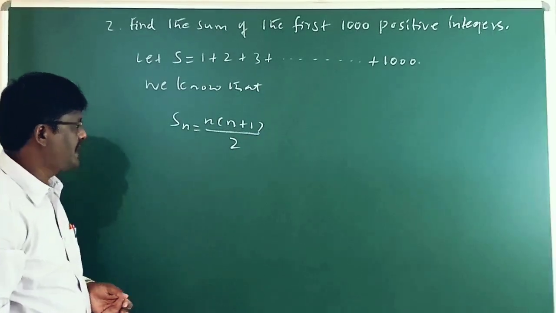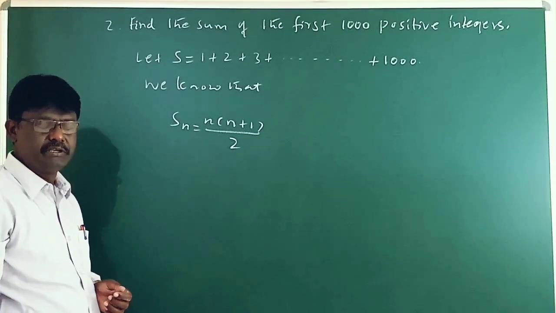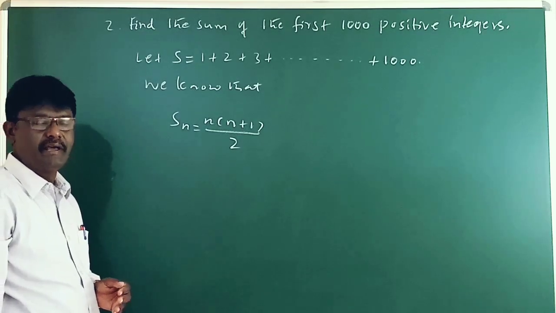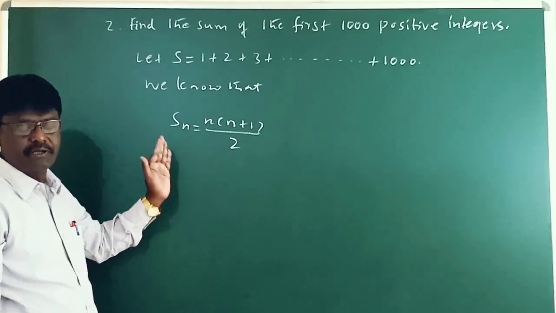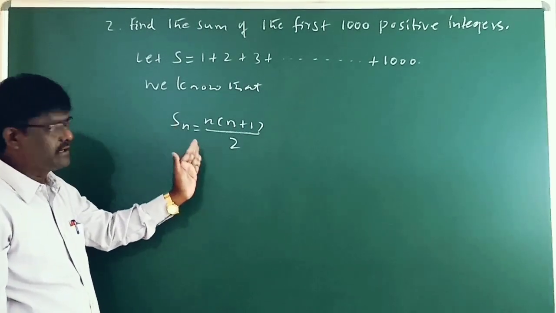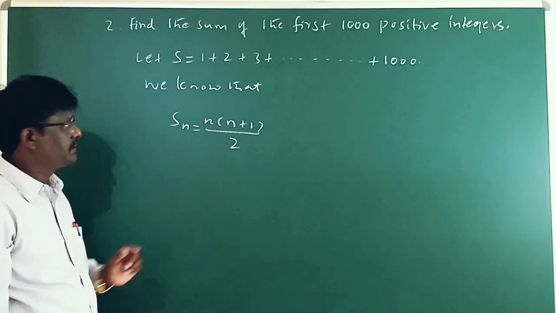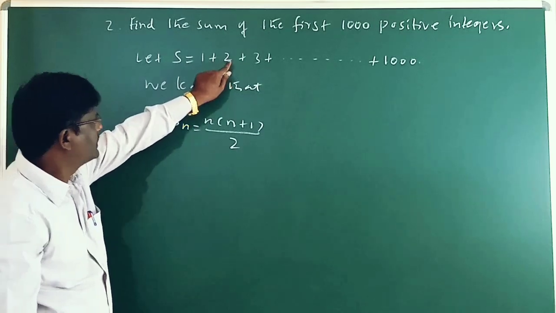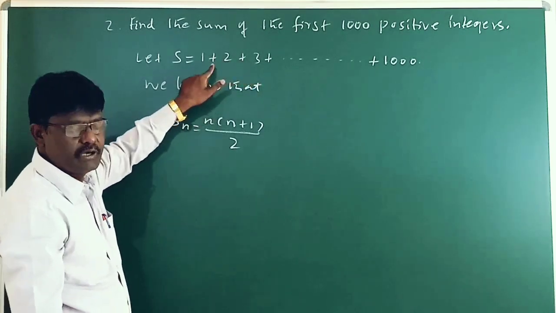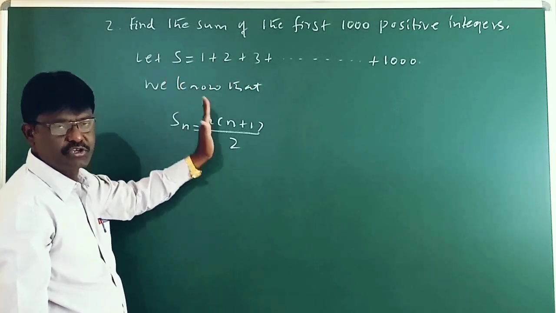When this can be applicable means whenever in an AP, if the common difference is 1, then easily we can apply this. Here also the common difference is 1. And very important, one more condition is this.